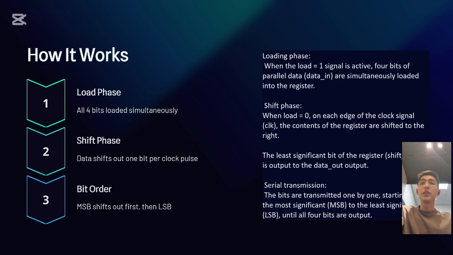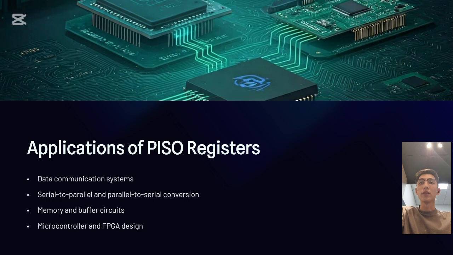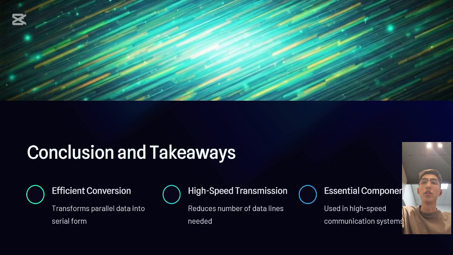Applications of the PISO shift register: data communication systems, serial to parallel and parallel to serial conversion, memory and buffer cards, and FPGA designs. In conclusion, the PISO register converts parallel data into serial form.